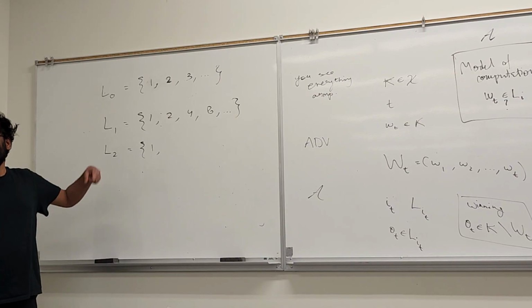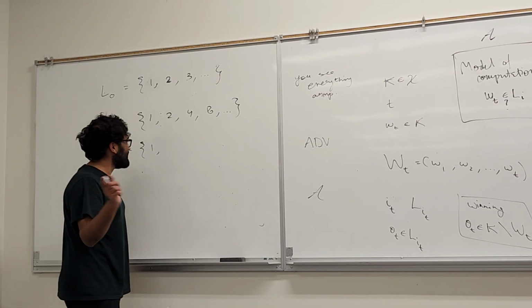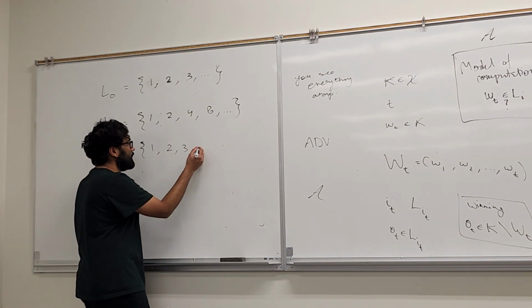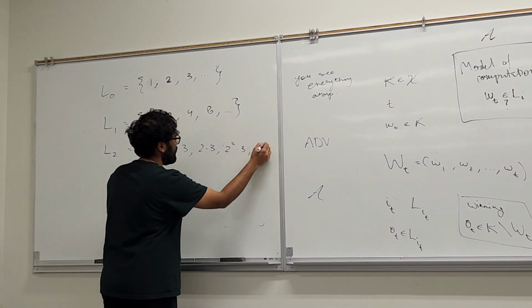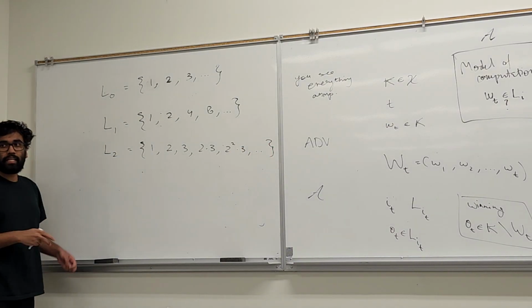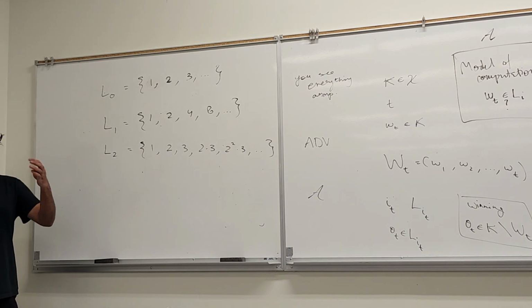You're right. I'll write an equality, and that requires you to prove something. But we won't be doing any of that. So 2 times 3 would be here, 2 squared times 3, and so on. You get the idea. So Ln would be the first n prime numbers and all possible powers.